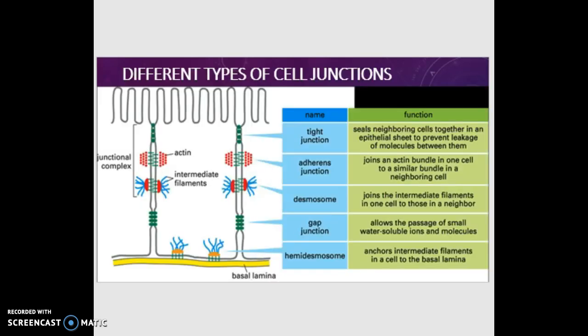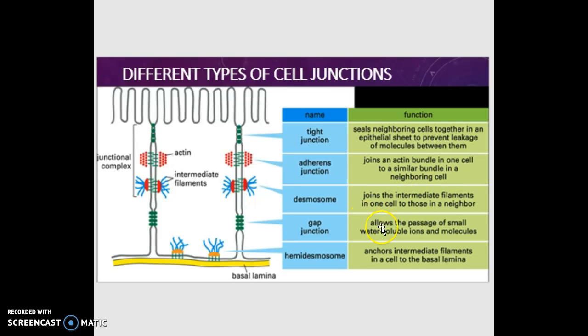So the different types of junctions, like we said, are tight junctions, which seal neighboring cells together using molecules and proteins. Adherens junctions, which use actin to also similarly bundle to neighboring proteins. Desmosomes use intermediate filaments to also bundle to those neighboring cells.